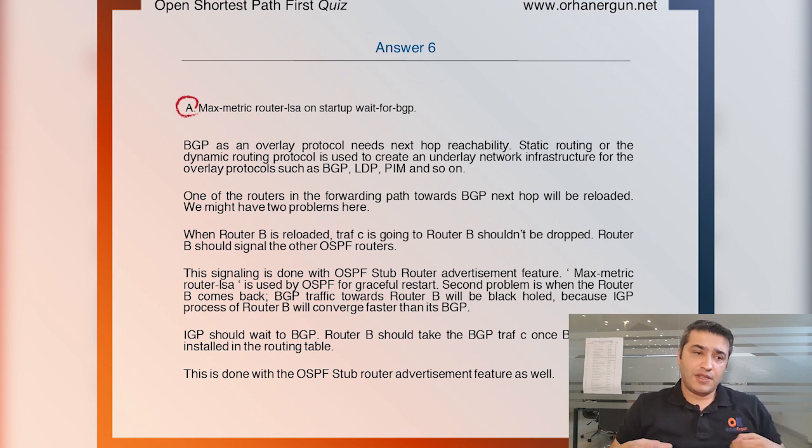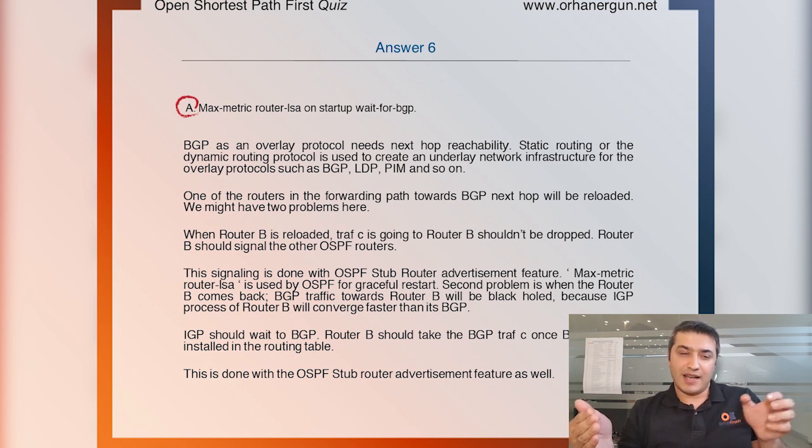After this maximum metric router LSA configuration, router B can be taken down. But let's say you finish the operation and now you immediately want to bring router B back into the network. Now router B will take the network traffic. IGP converges faster than BGP, and this is always the case, right? First IGP converges, and after that BGP converges.